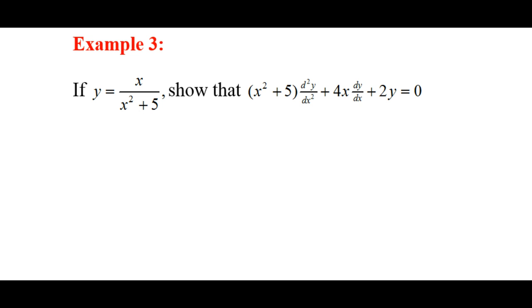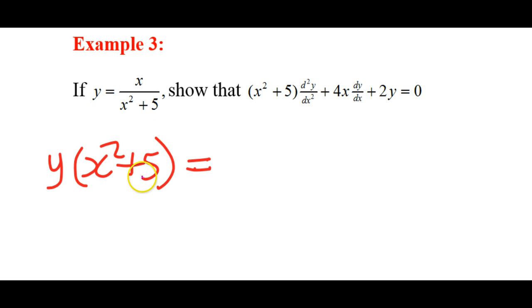So what we do here is to rewrite the original equation as y times (x squared plus 5) is equal to x. In this case, this now becomes an implicit function, right? So we can differentiate using the product rule. We hold this, we differentiate this, then later we hold this and differentiate that.